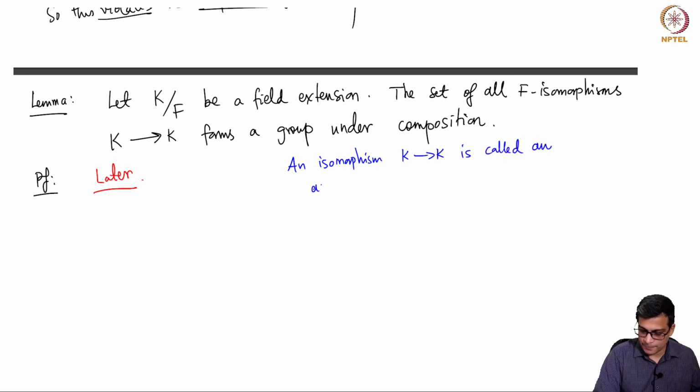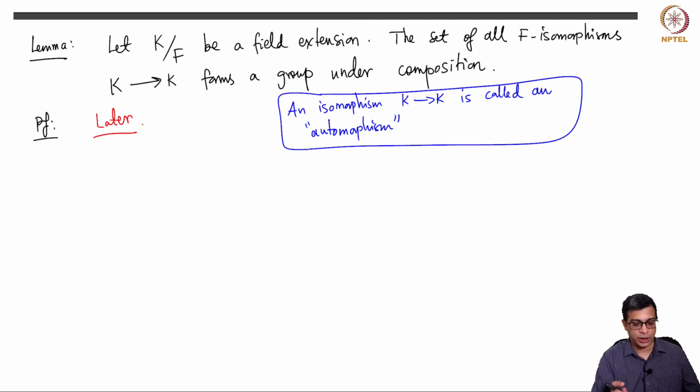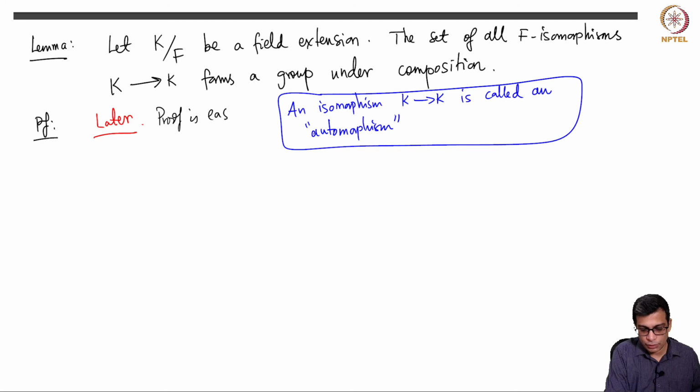That is because auto refers to the fact that it is from K to K. So the set of all F automorphisms of K forms a group under composition, and this is a very easy proof, by the way. I will do this later. The proof is very easy, because if you compose two automorphisms, you get an automorphism. Identity is an automorphism, so that's all really, there is nothing more.